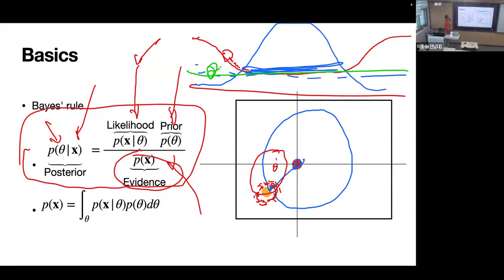And then we come to the evidence. And the evidence is the probability that the ball, I would say, exists, or whatever. So we should take care. This evidence somehow compiles within itself all possible outcomes.